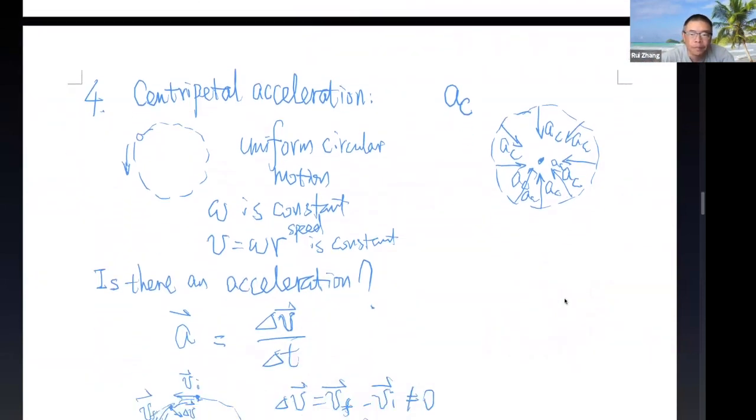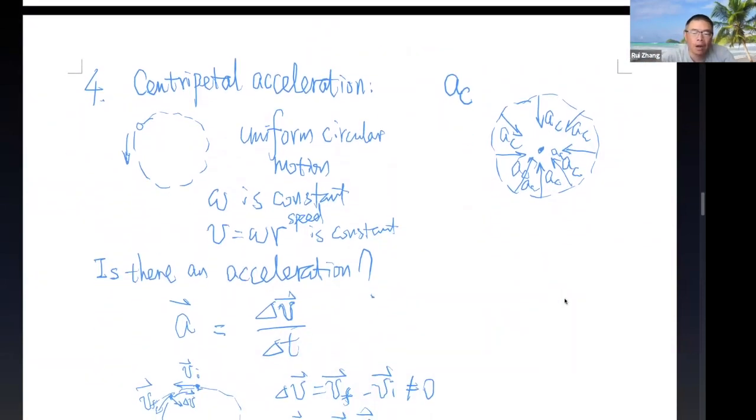This is the part of the dynamics we want to talk about. Because of this acceleration, according to Newton's law, there must be some forces to support it. That is actually the message here.